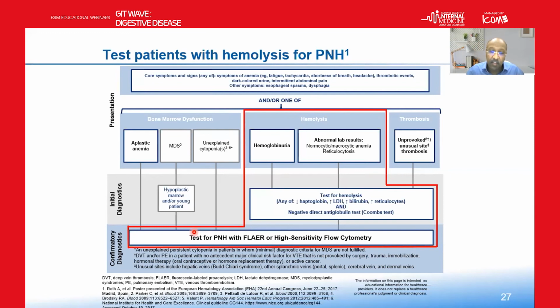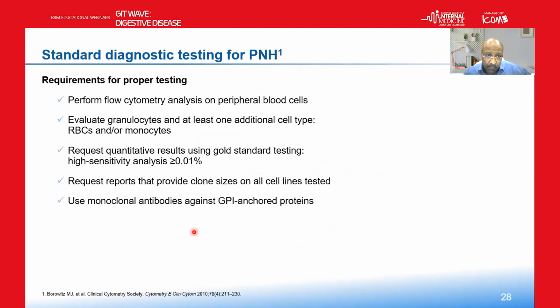But for us in Tawam Hospital, it's easy because we can send it to Sheikh Khalifa Medical City in Abu Dhabi. So for the standard testing for PNH, you perform flow cytometry analysis, and it's done on the peripheral blood. You don't need to do it on a bone marrow. We evaluate the granulocytes and red cells for the GPI expression and the clone size.